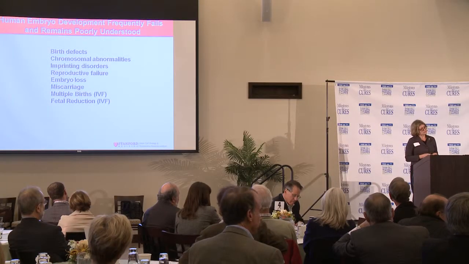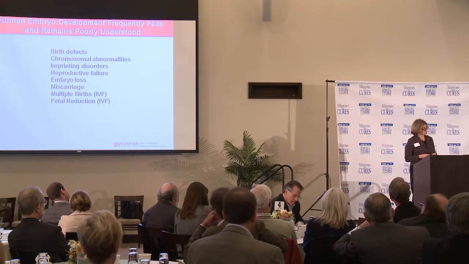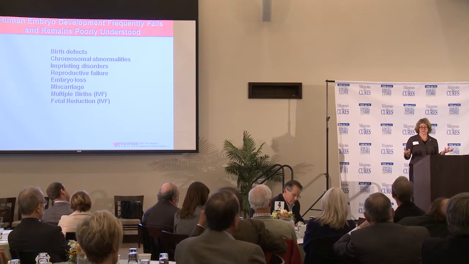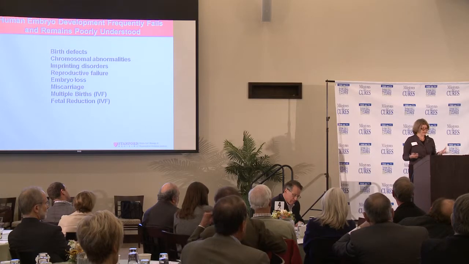And then in some cases, because so many embryos are transferred, because it's difficult to tell which embryo is viable, there's a need during the pregnancy for fetal reduction. And that's exactly as it sounds. There's a need to remove one or more of the fetuses as they're developing because the woman simply cannot carry the fetuses.